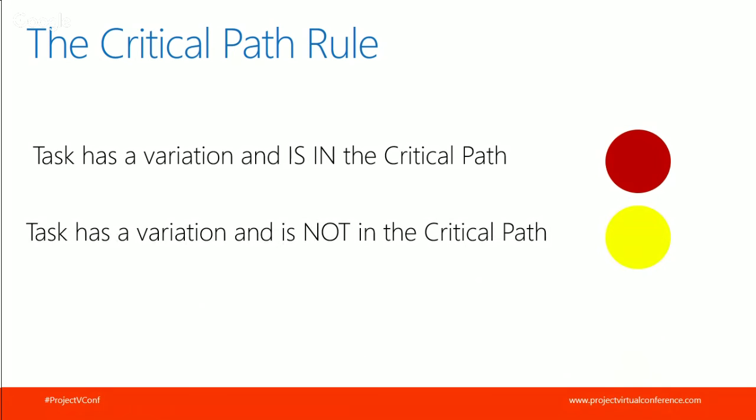If we have a variance on the task that is not on the critical path, the case that we saw previously, then we are going to show the yellow stoplight. And if we do not have any variance at all, we are going to show the green stoplight.